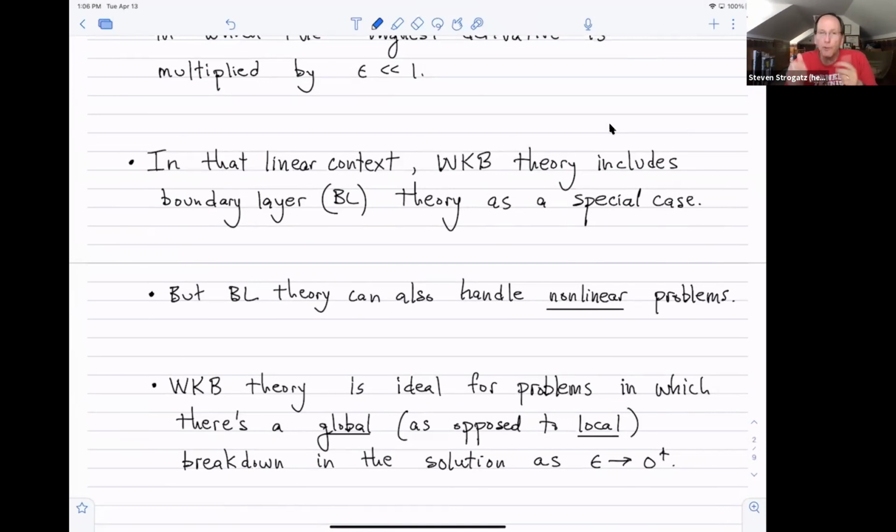So you'll see what I mean when I do an illustration. But basically the notion is that instead of something going wrong in the neighborhood of a point, something weird will happen over the whole domain. And in that setting, WKB can handle it, whereas boundary layer theory is very focused on the idea of layers and more local issues.